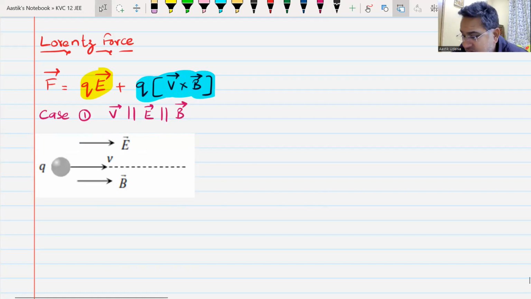The particle's velocity, electric field and magnetic field are all in the same direction. What will happen? What type of motion will this particle have in this case?